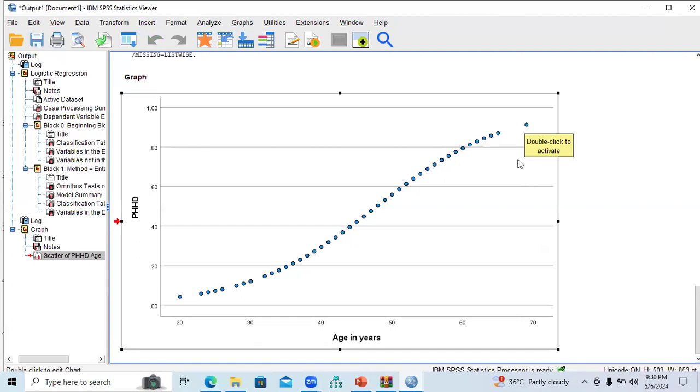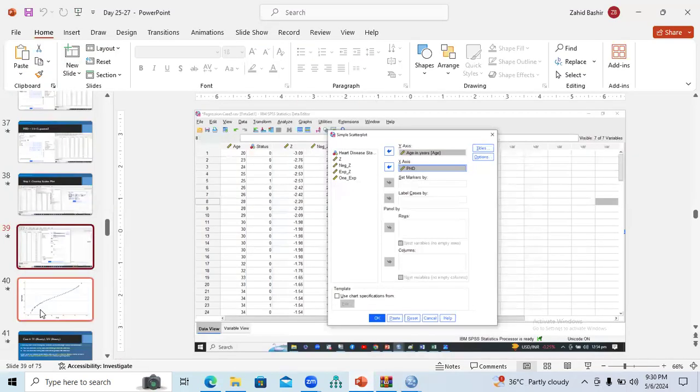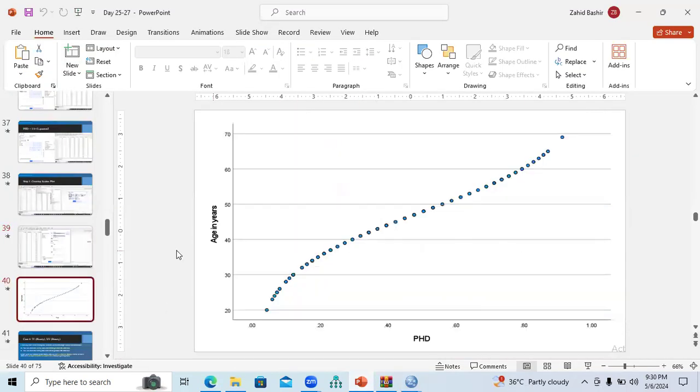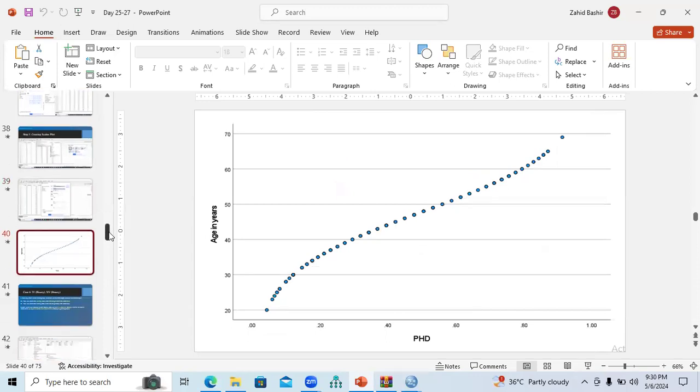Any person near 70 has the highest probability of having heart disease. This is basically the procedure that you need to follow for logistic regression. So we have created this diagram.